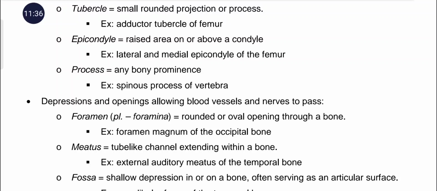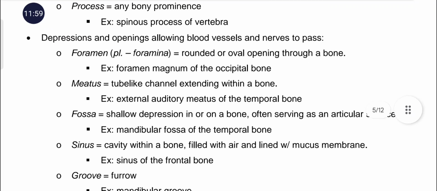Example is adductor tubercle of the femur. Next comes the epicondyle, which is a raised area on or above a condyle. Example is the lateral and medial epicondyle of the femur. Next is a process, which is a prominence of any bone, for example spinous processes of the vertebra.